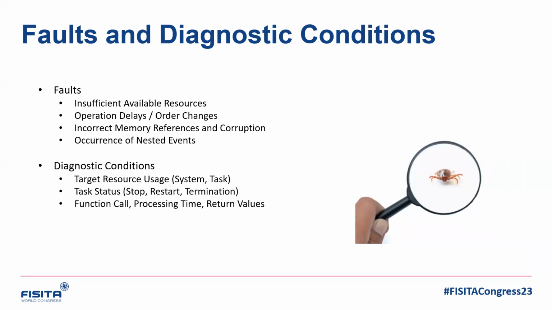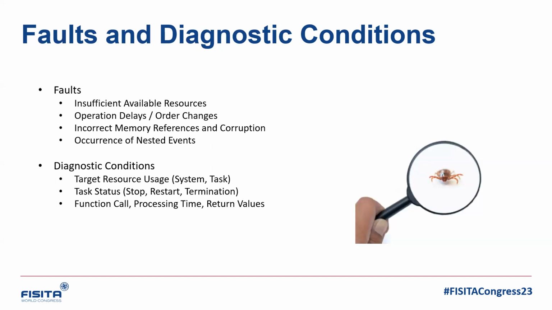In the system, faults that may occur or be injected are broadly classified into the following categories. First, there are faults related to insufficient available resources. When essential resources such as CPU, RAM, storage, or network become scarce, it results in reduced system responsiveness, screen freezing, or unintended behaviors, potentially creating bugs.